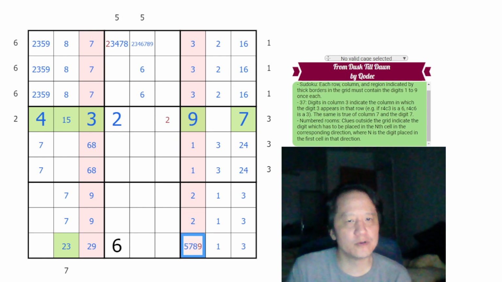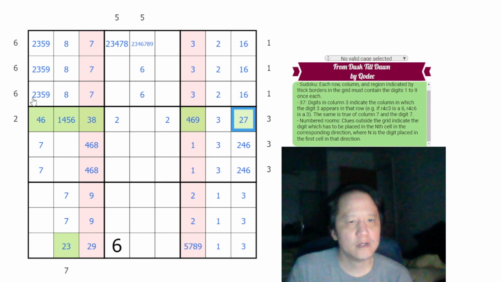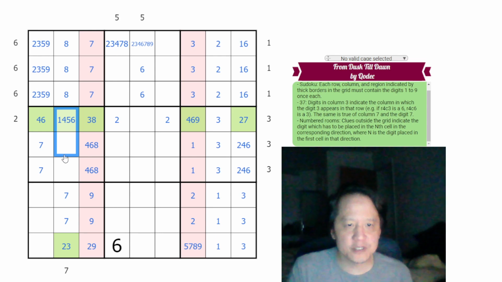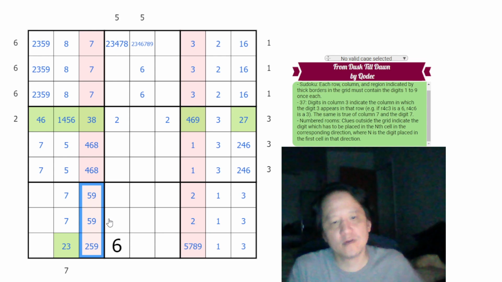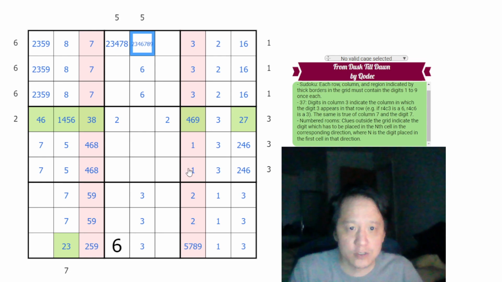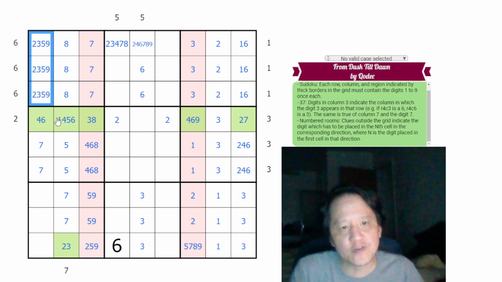Okay, we do know also another thing. This has to be 5. This can't be 5. So this has to be 5 also, which means this has to be 5. So we know the 3 is here for sure. So this can't be 3. Okay, that is one information that we didn't know before. So this is 5, this is 5, this is 5, so this is 3.